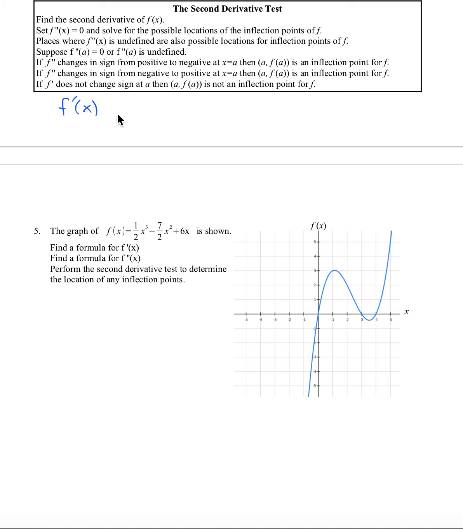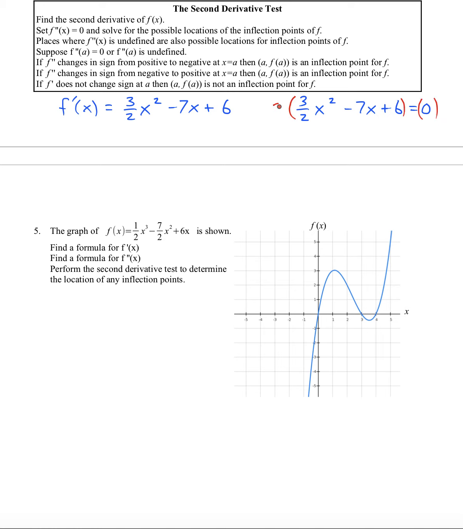The first derivative is going to be 3/2 x squared minus 7x plus 6. Now we'll want to set that equal to 0. But we'd rather get rid of the denominator here if possible.